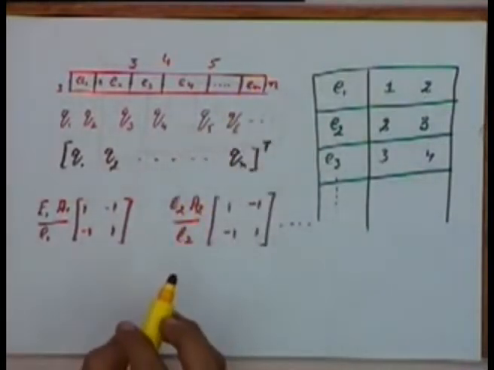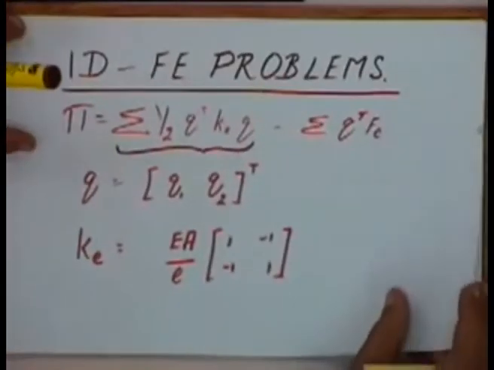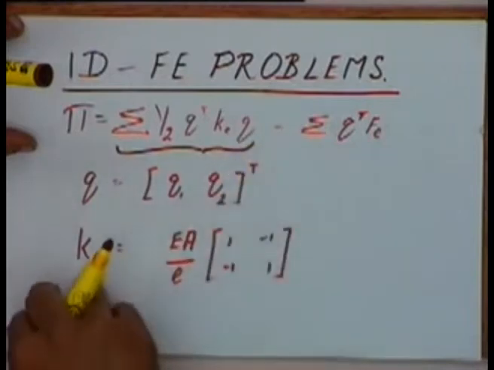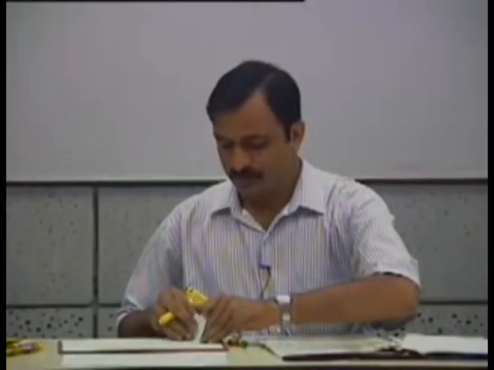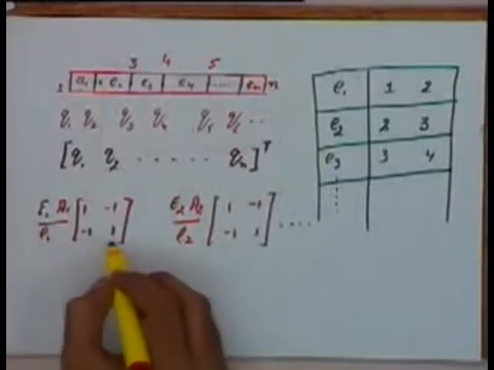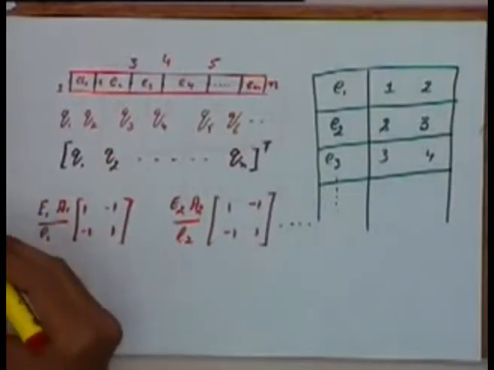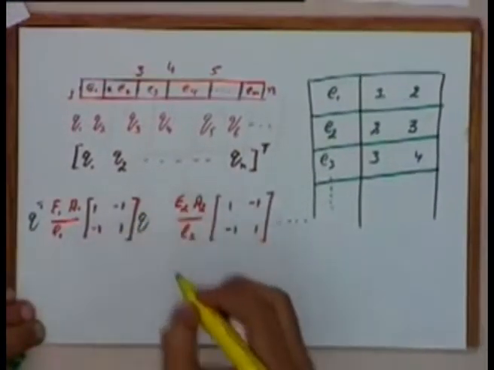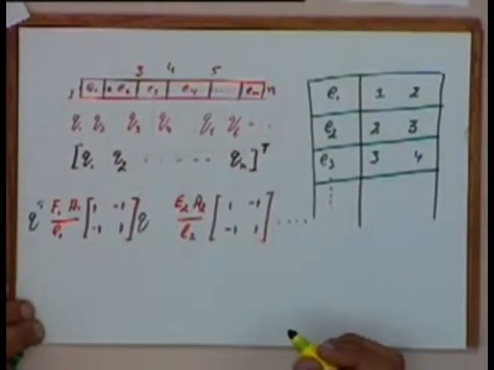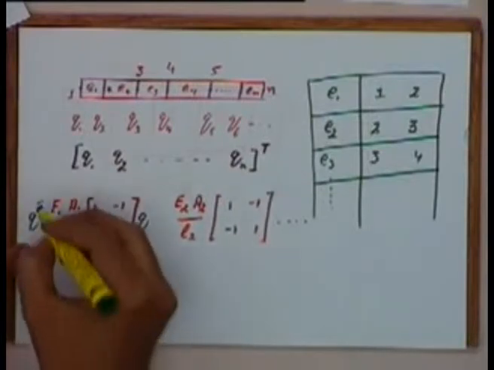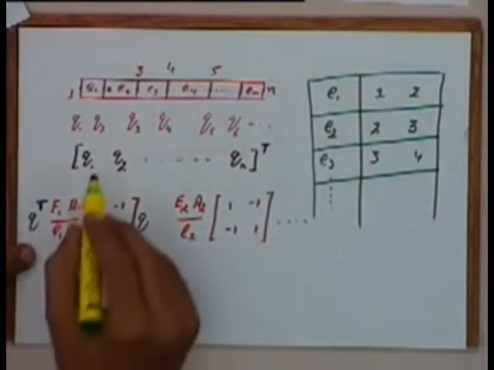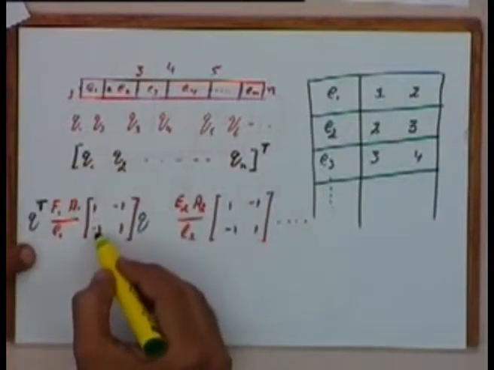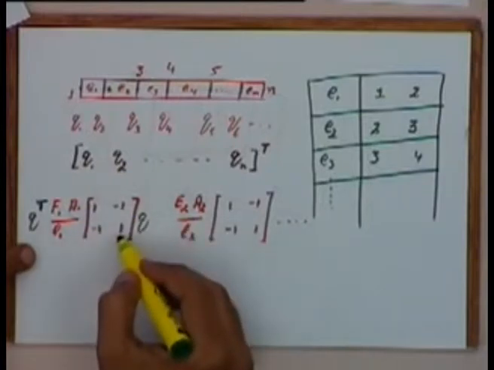Okay, and if you look at the first term, Q transpose Ke Q, if I expand it out, that is I multiply this matrix by Q transpose and Q. Okay, if I multiply this by Q transpose, that is [Q1 Q2], the terms Q1 and Q2 will be multiplying these two terms and then these two terms.